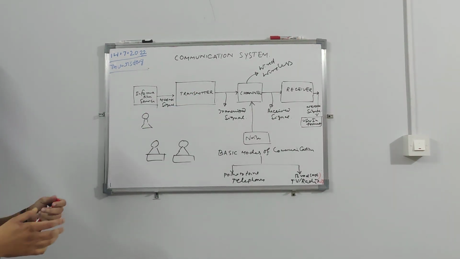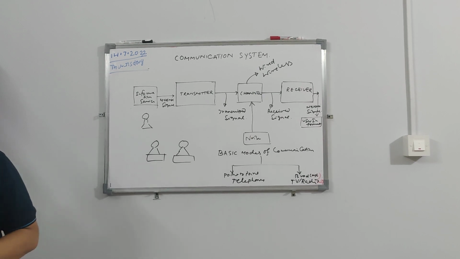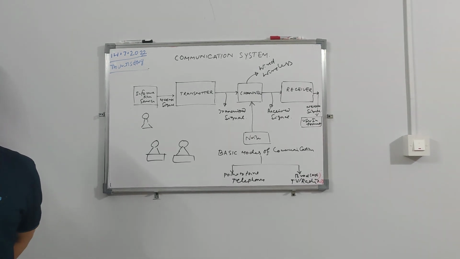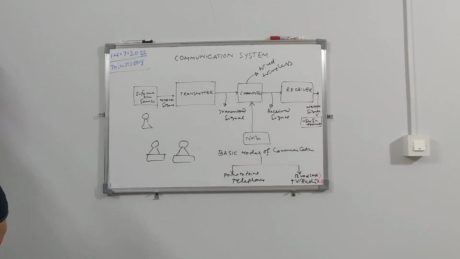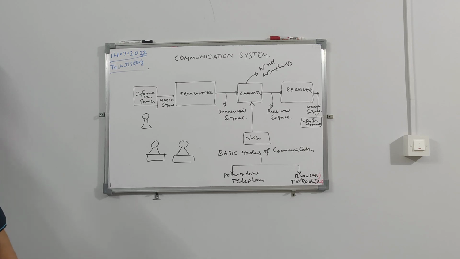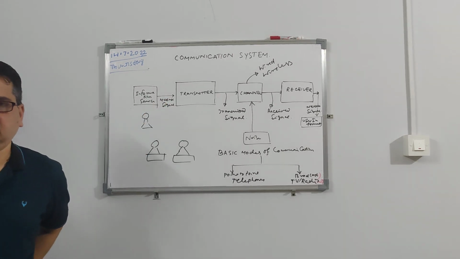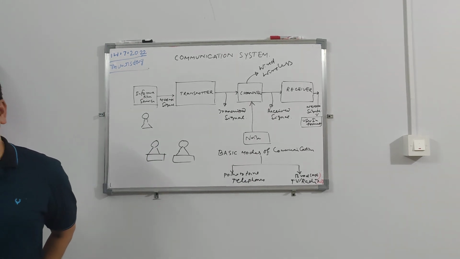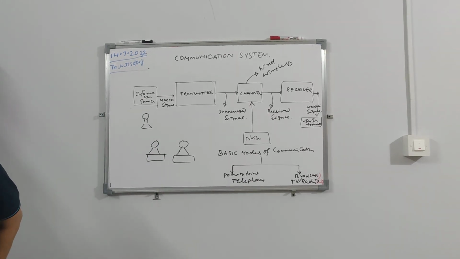It converts the message signal so that it can be transmitted. You are getting a message signal produced by the source, and it will be converted into an electrical signal.